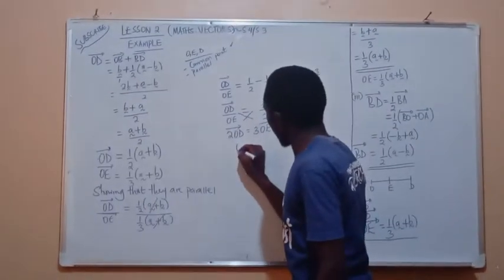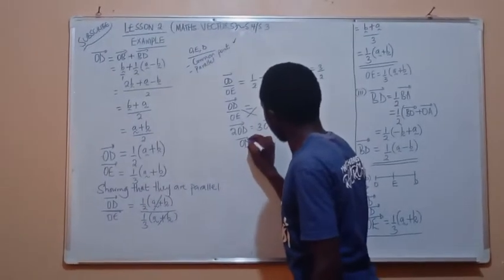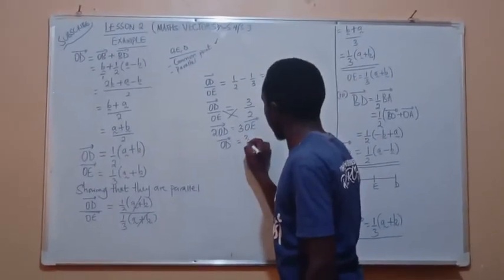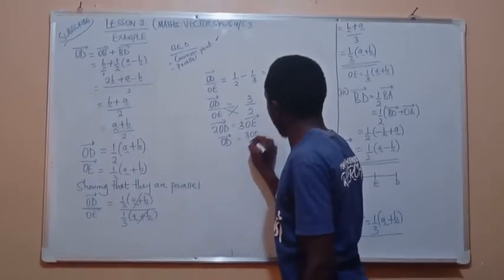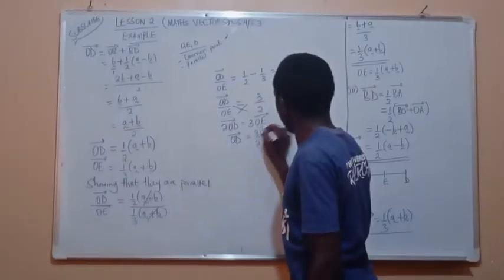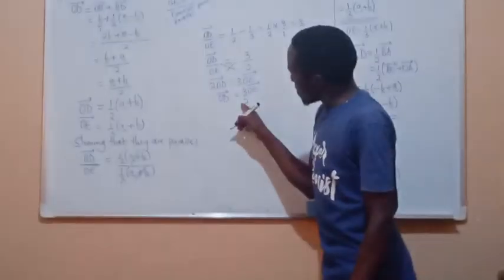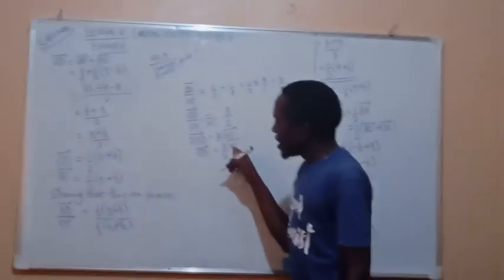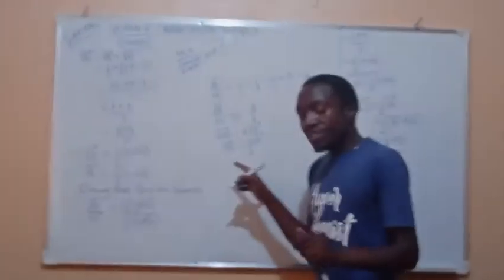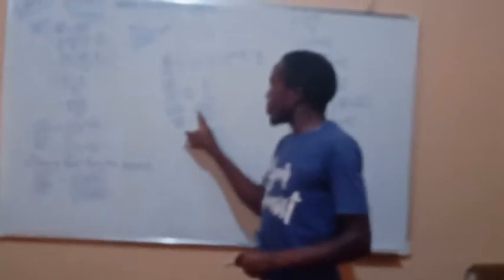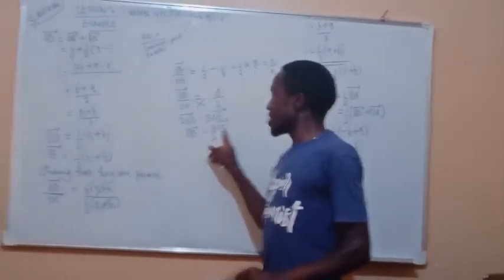Implying that here, if I make OD the subject, I'll divide both sides by 2, so it will be 3OE out of 2. Implying that to get OD, there is something that we multiply in OE, and that something is what we call a constant. So to get OD, we multiply a constant 3 out of 2 to OE.